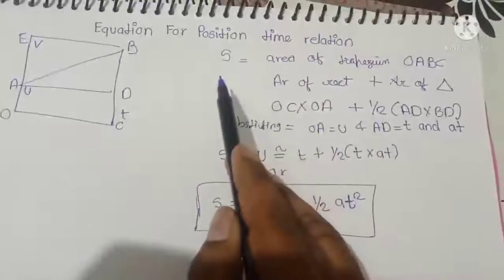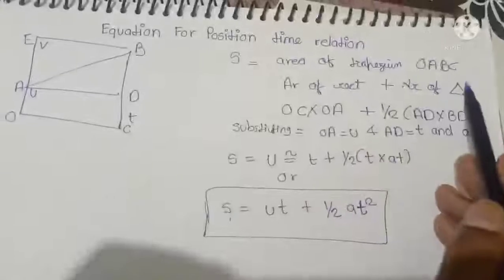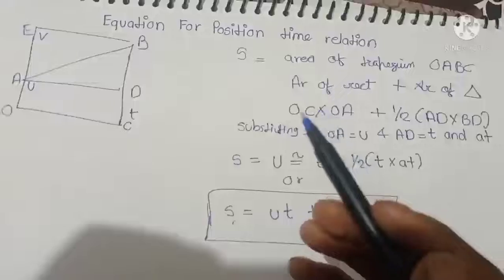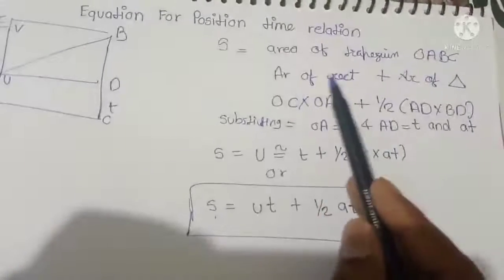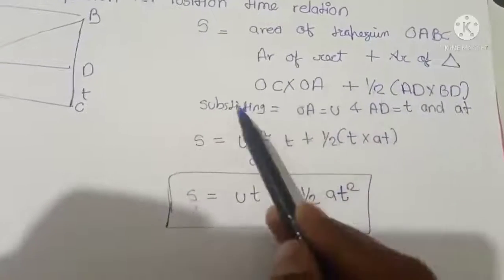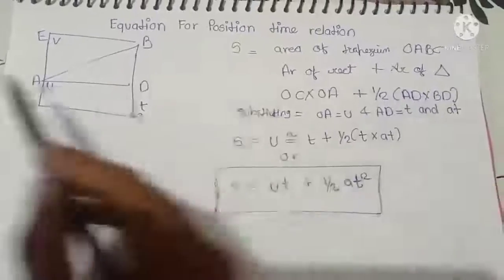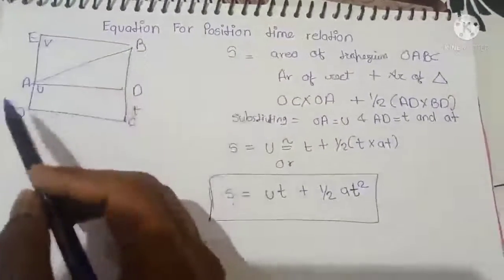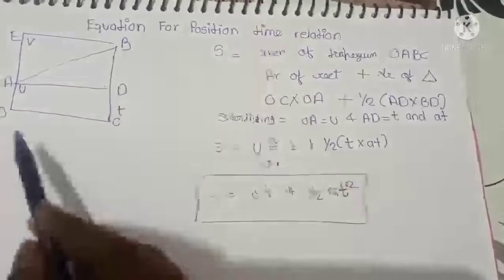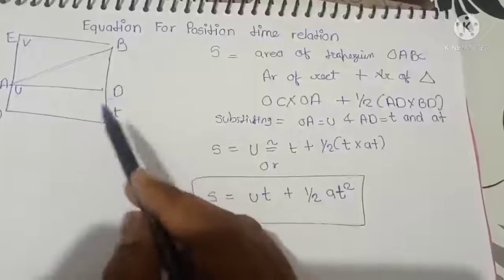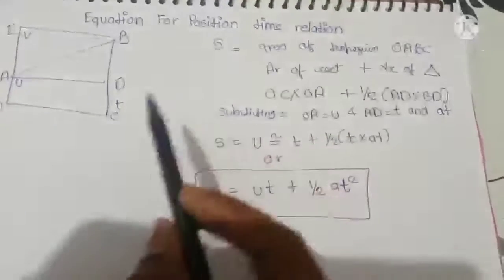Let me summarize it once. The area of the trapezium is OABC. Why are we taking the areas to find out the position? As we know, we can do this from the previous graphs. So area of trapezium is area of rectangle plus area of triangle, which is OC into OA plus half into AD into BD. We substitute OA as initial velocity, AD as time t, and BD as acceleration into time from the previous equation.